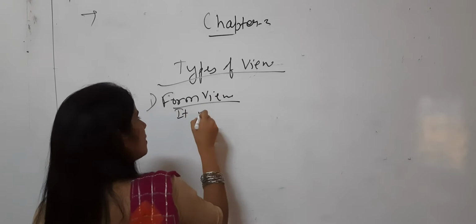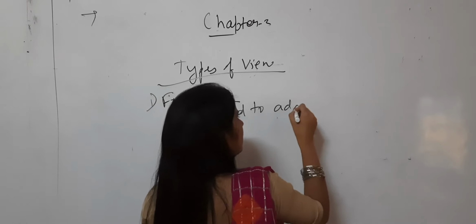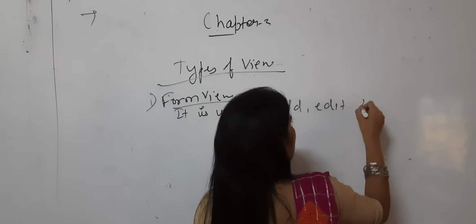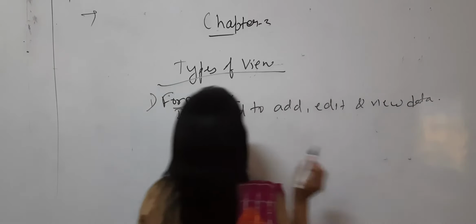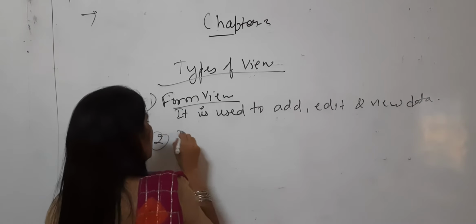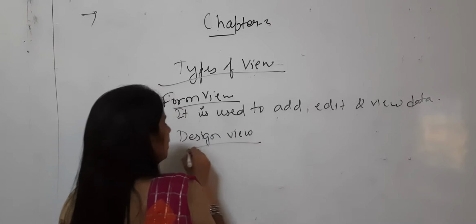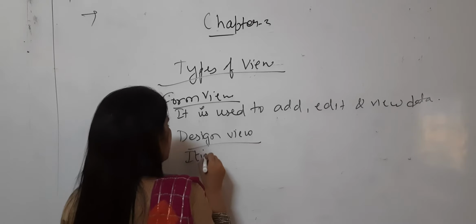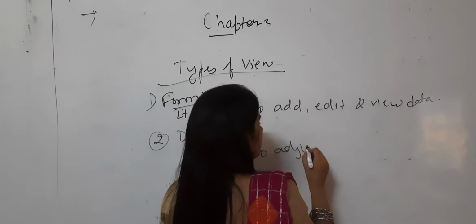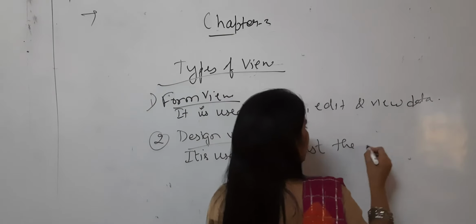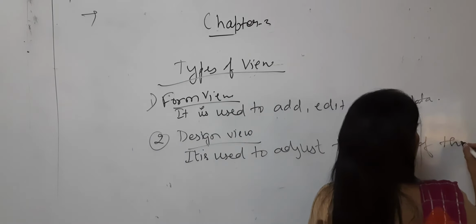Okay, so the first one is form view. It is used to add, edit and view data. Okay, now second one is design view. What is design view? It is used to adjust the design of the form.